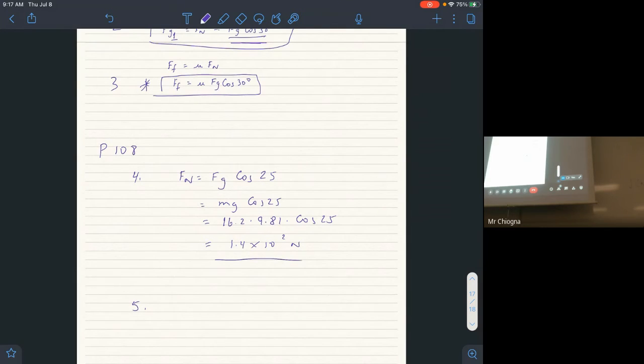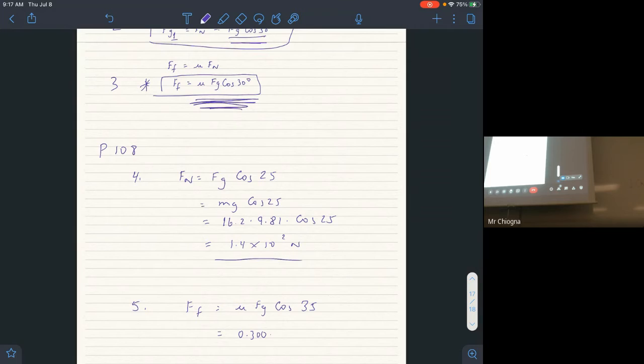Five. What is the magnitude of the friction? Friction is this here. The angle is 35 this time. Coefficient is 0.3.